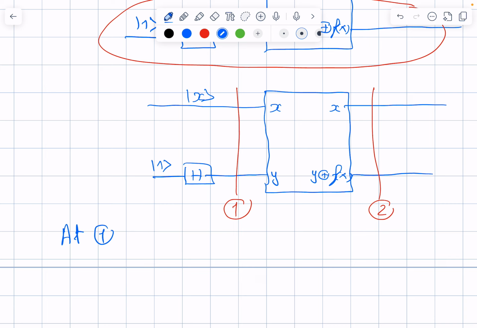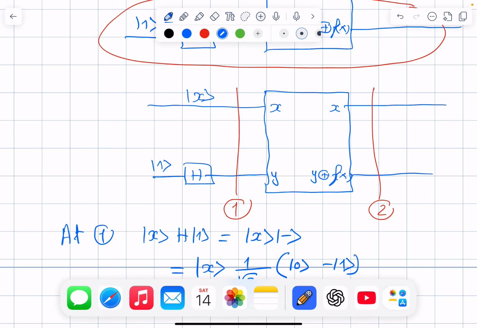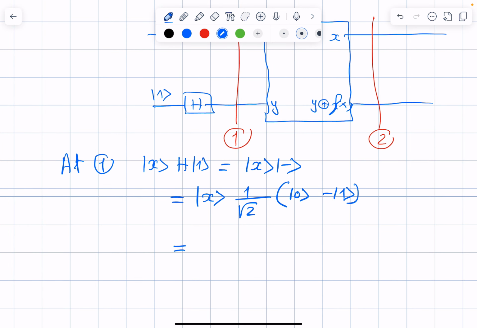So at 1 we have x tensor with H of 1, and of course we know that H of 1 is negative, so this is x tensor with 1 over square root 2 times (0 minus 1), and this gives 1 over square root 2 times (x 0 minus x 1).